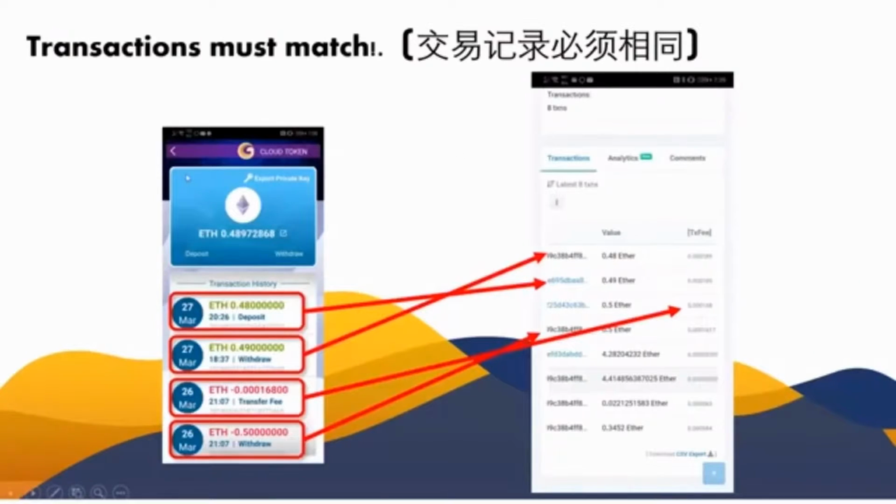The second thing that you need to check is that the transactions must match. This clearly shows that we are reading from the chain itself. So on the 27th March, I have this 0.48 deposit. You have this here and 49 here, and we have a gas fee and a withdrawal.